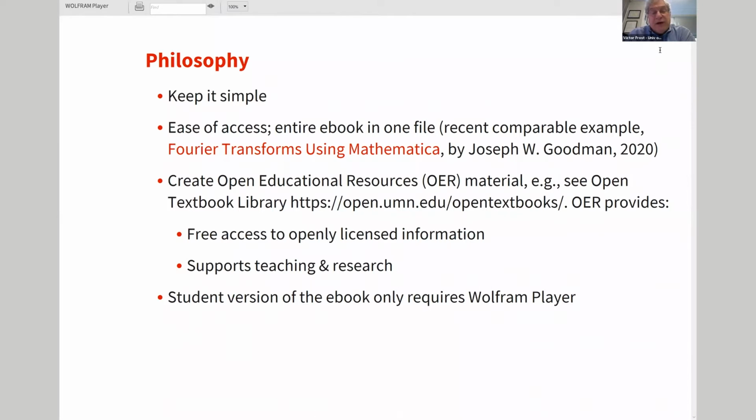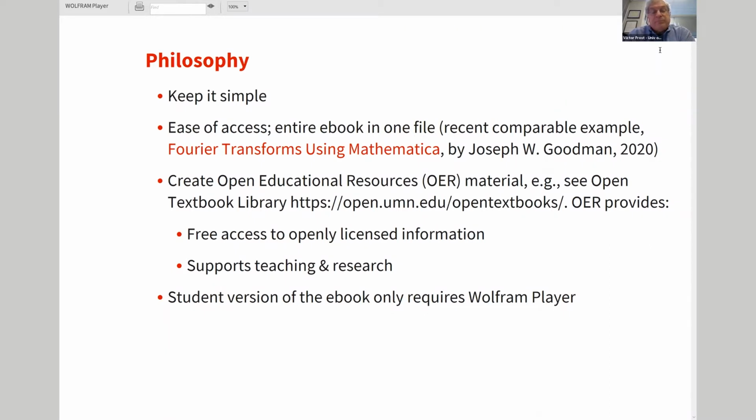At KU, our timetable lists indicators of the cost for the materials for each class, and students are very sensitive to that. And some of the textbooks in this area have really gotten expensive, and this is a way to benefit the students. It's free to the students.